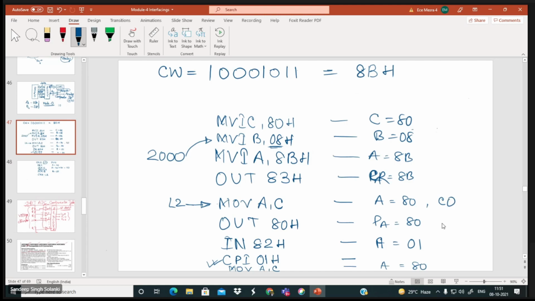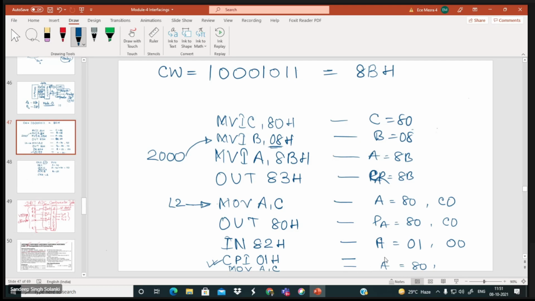So here again C0. If suppose 0, 0, it will be 0, 0 because the output of DSC will be 3.75. So it is 0, 0.